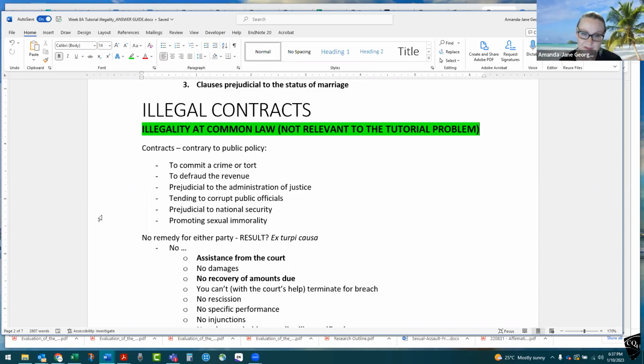Contracts prejudicial to the administration of justice. Contracts tending to corrupt public officials. Prejudicial to national security. Obviously, if you are going to sell a national secret, you can't expect that contract to be upheld. And contracts promoting sexual immorality.